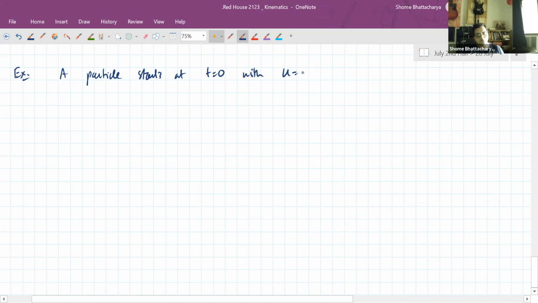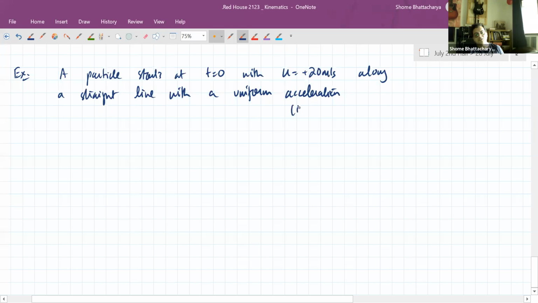This time let's take something different, maybe 20 meters per second along a straight line with a uniform acceleration in the opposite direction of k equal to minus 2 meters per second square. So first thing we want to do here is plot the v versus time graph.